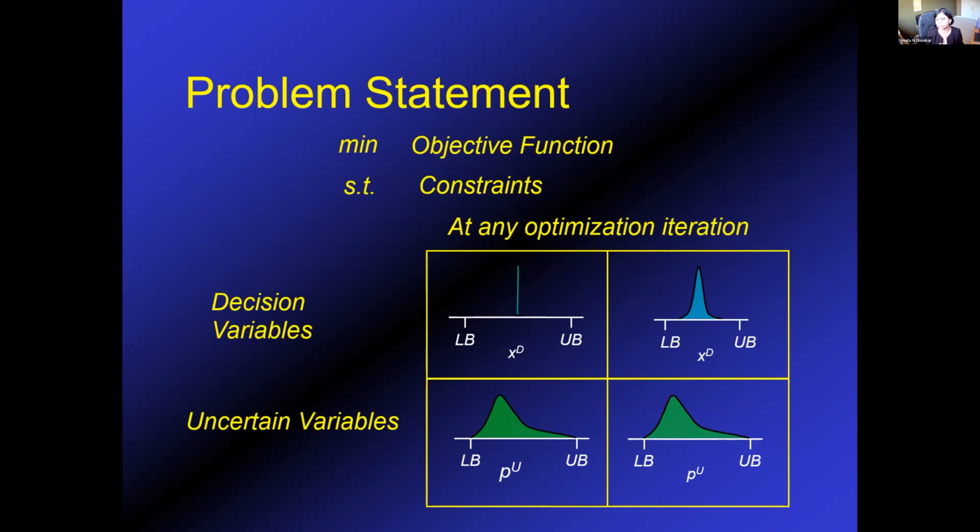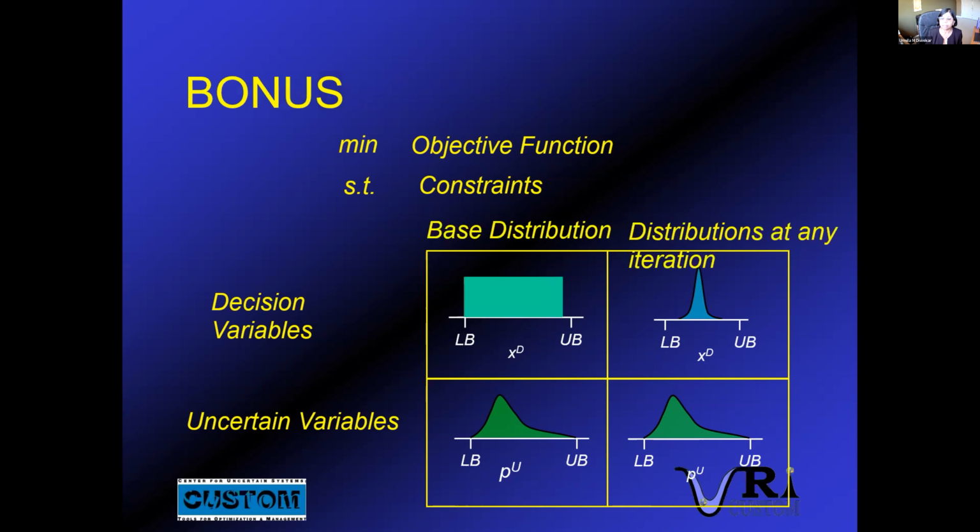Then we can use the sampling to do something similar to a Bayesian update formula. In the first iteration, we say every decision variable has a uniform distribution, while uncertain variables keep their distribution. As the iteration progresses, the value of the decision variable changes, where we have a small, narrow normal distribution.